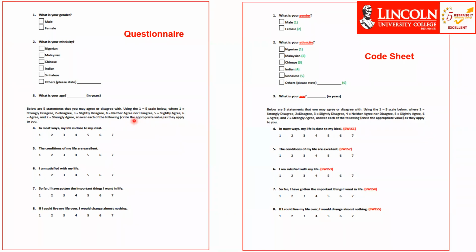Answer each of the following, that is, circle the appropriate value as they apply to you. What is the first question? In most ways, my life is close to my ideal, which is the same question that was shown in the theory in the previous slide. Your respondent is expected to circle only one option.